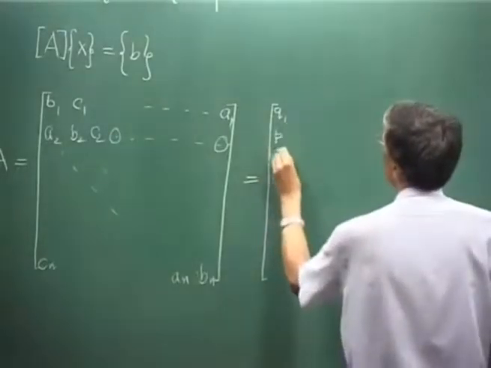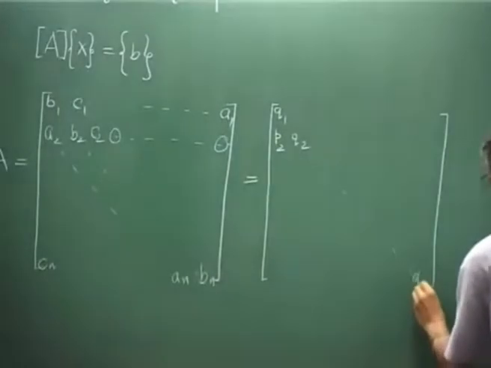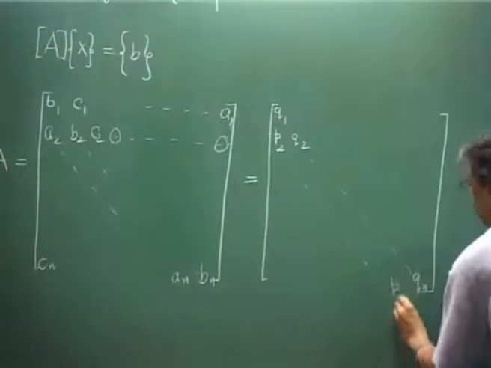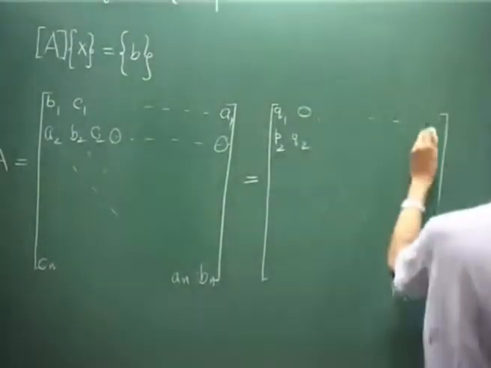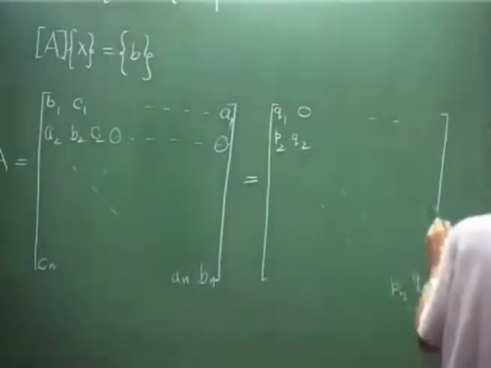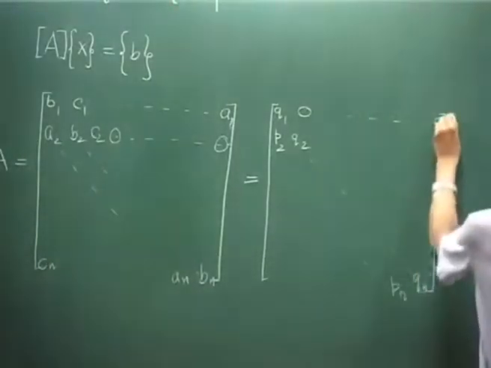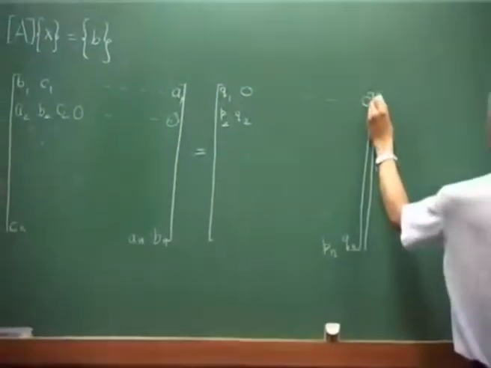Let me first write, then we will discuss why we write the way we are writing. And of course, from here on we have zeros, and I will leave something blank in the last row, but let me first write down the matrix, and then we will understand why we are doing what we are doing.